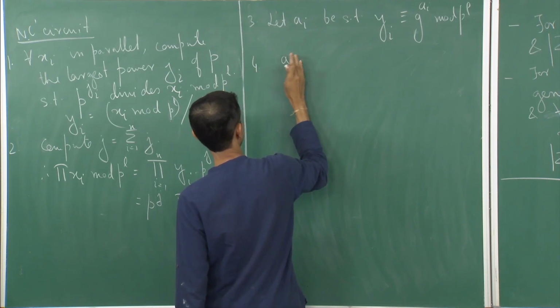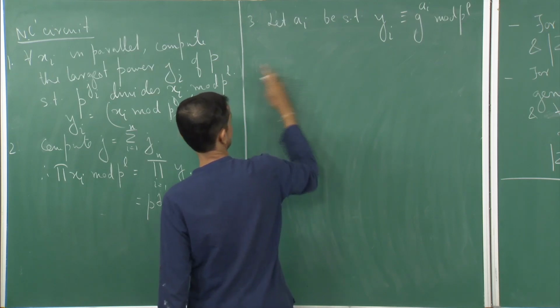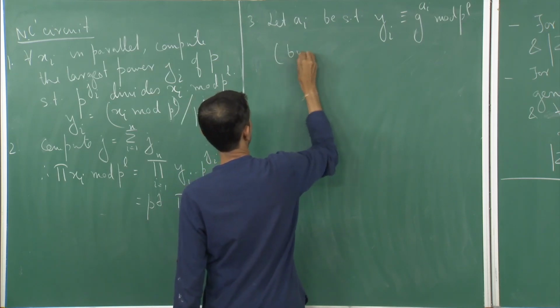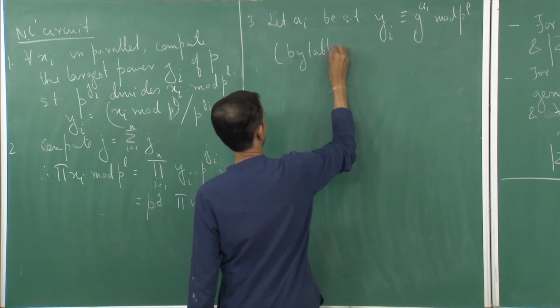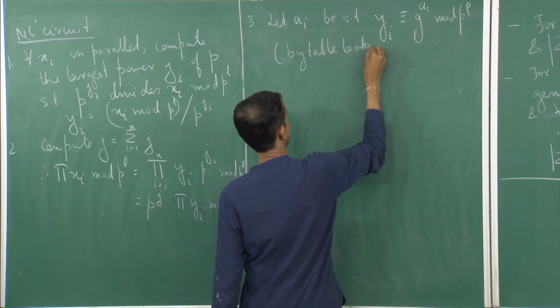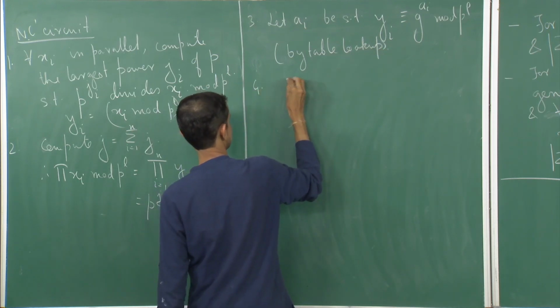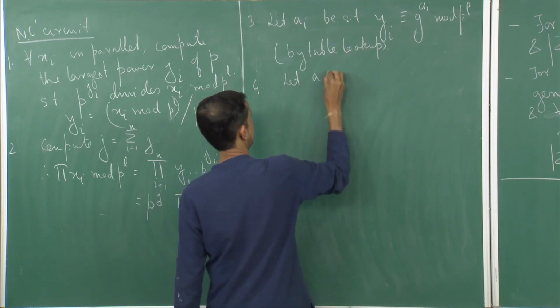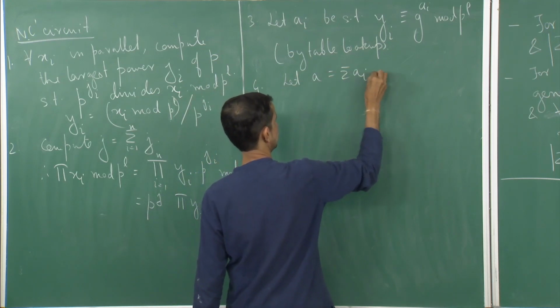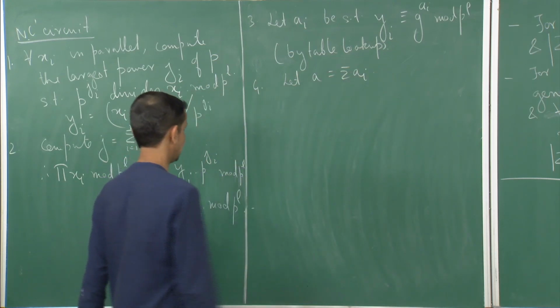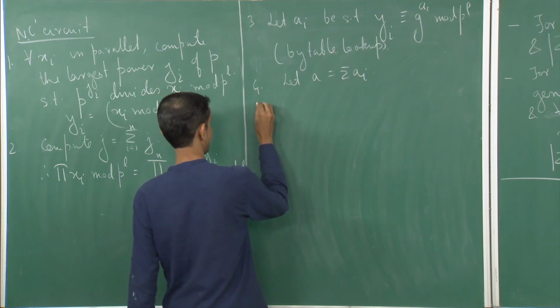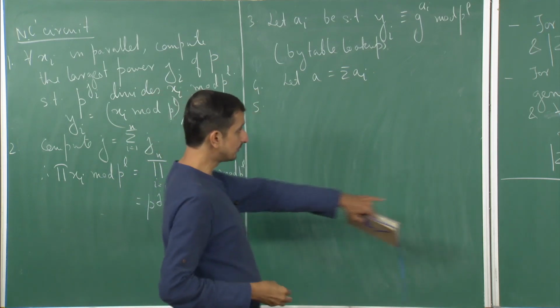So let me just write this over here by table lookup. Next, let a be the sum of all the ai's. Next, what we do is that we do an inverse table lookup.